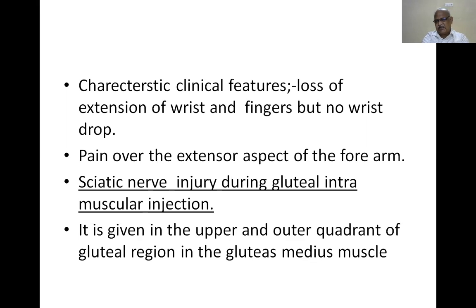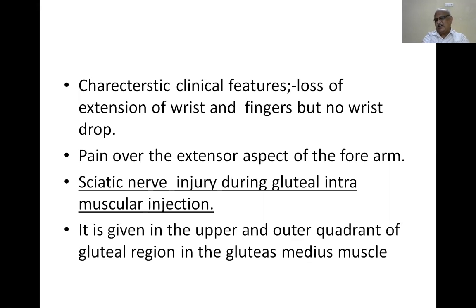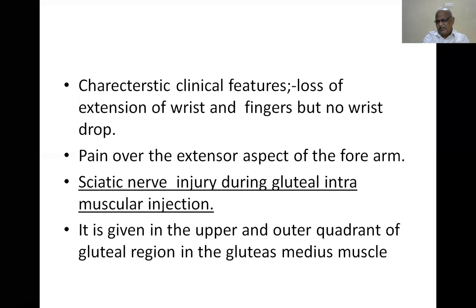Wherever you give an intramuscular injection, you should avoid the neurovascular bundle. At the same time, you should insert the needle to a certain extent into the muscle mass itself, to deliver the drug. These are the two main principles. Why is the gluteal region preferred?